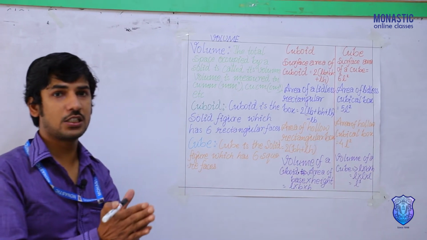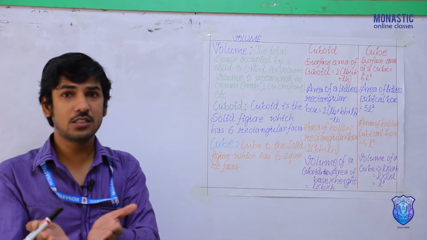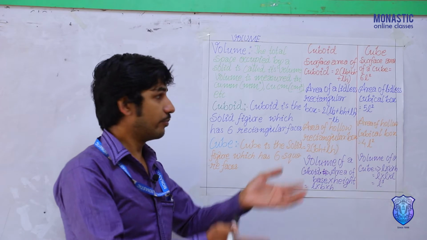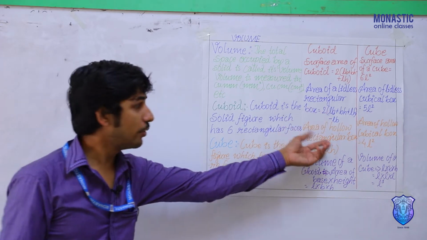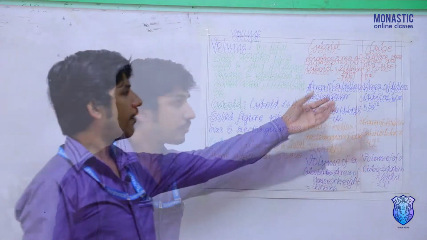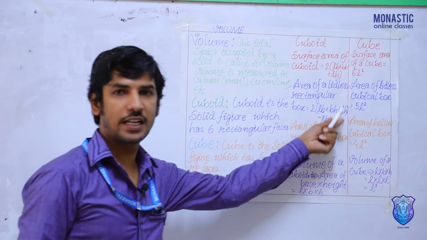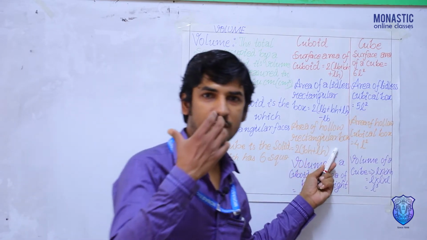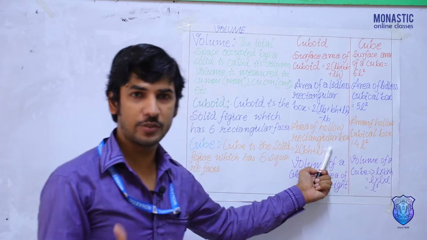Not only this, how to find the area of a hollow rectangular box and a hollow cubical box. If you know all these formulas of cuboid and cube, then easily we can find the total surface area and volume of solid objects.